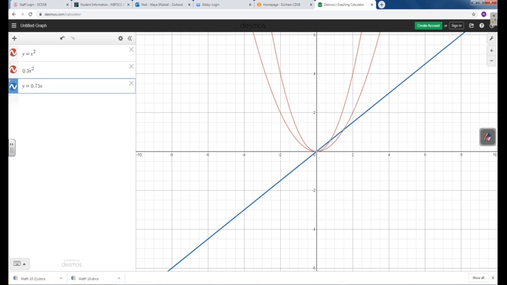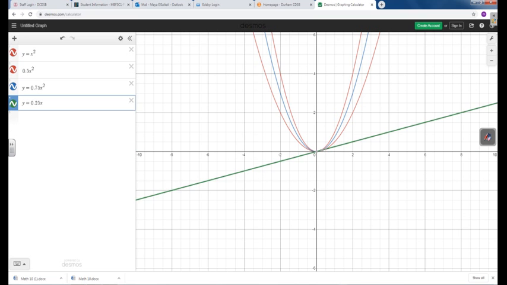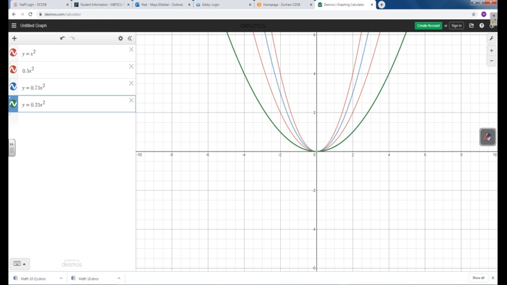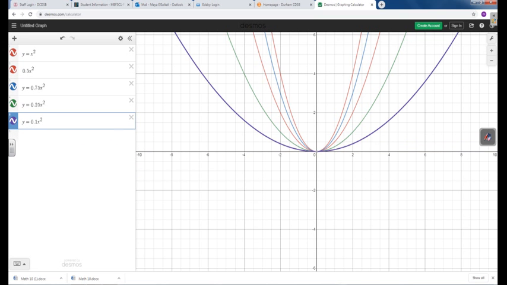Okay, let's pick 0.25. Because I'm going close to 1, that's why it makes it lower. But I need to remember, this one is your original one, y equals x squared. See, it's getting even wider and wider, right? y equals 0.1 x squared, right? It's going wider and wider, okay?